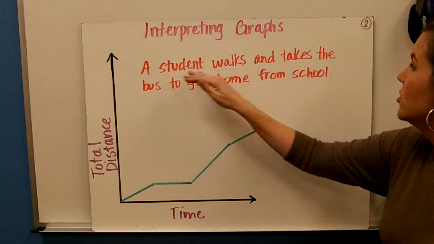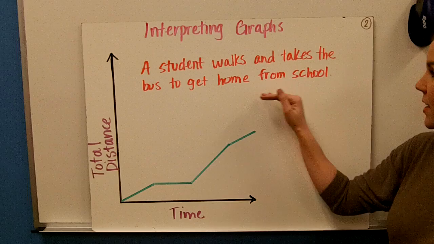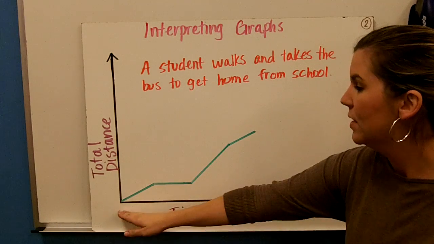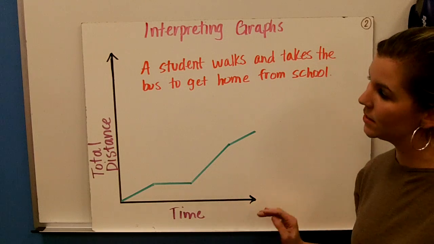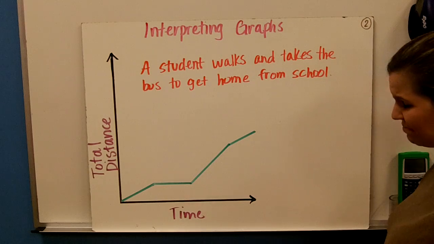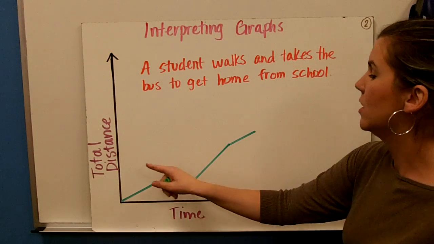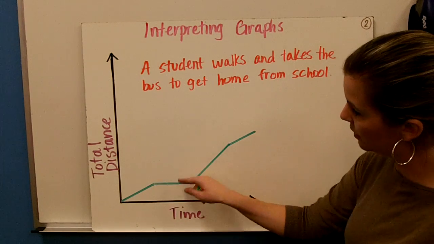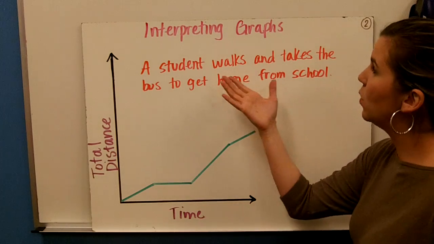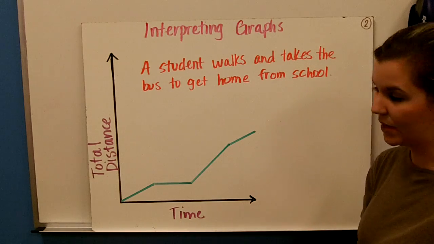Interpreting graphs. A student walks and takes the bus to get home from school. So we're going to look at this graph. It's talking about time it takes to get to school and the total distance that a student walks. Now, we need to talk about which pieces of this graph are showing us where the student is walking and where the student is taking the bus.